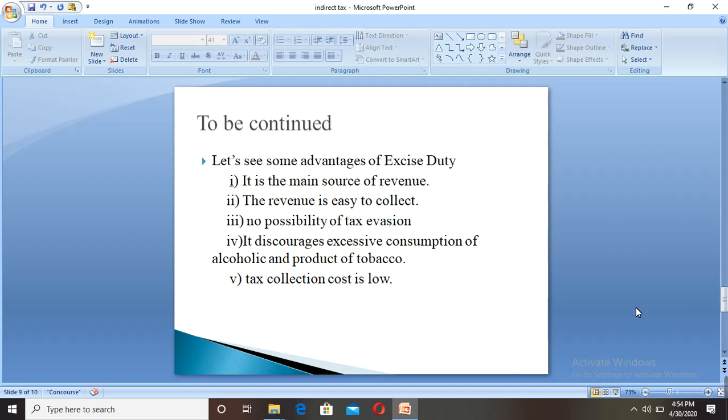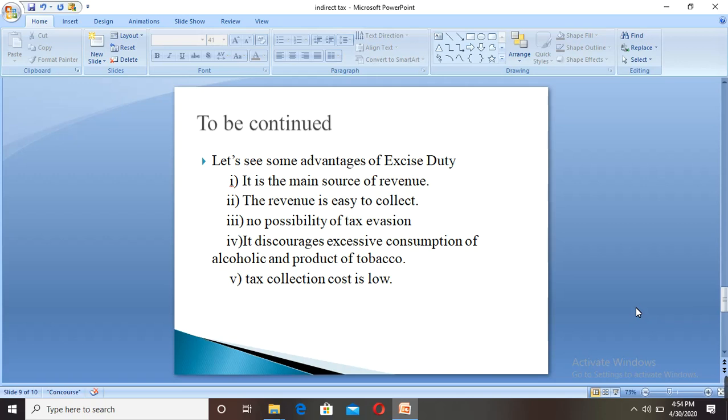They are paying tax unknowingly all the time. In direct tax, there is a realization of paying tax to the government. However, in indirect tax, there is no realization at all in the psychology and mind of the taxpayers that they are paying tax to the government.